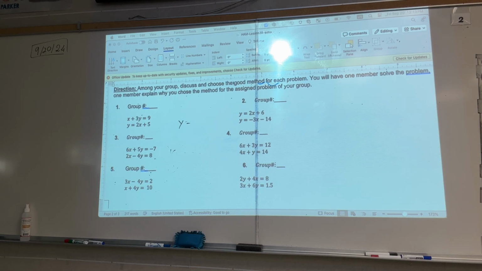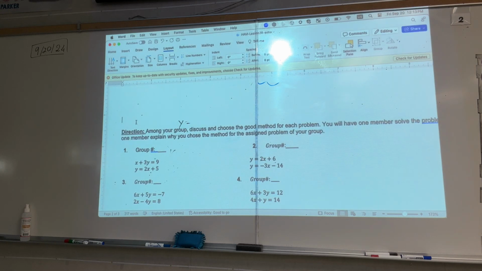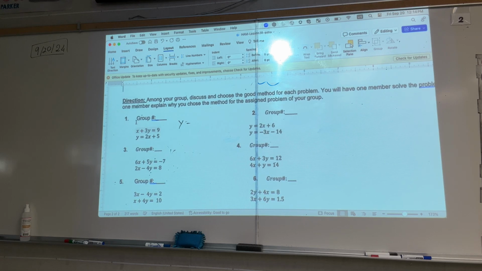Among your group, discuss and choose a good method for each problem, and then you're going to have one member tell me what the solution is, and one member explain why you're choosing that method.